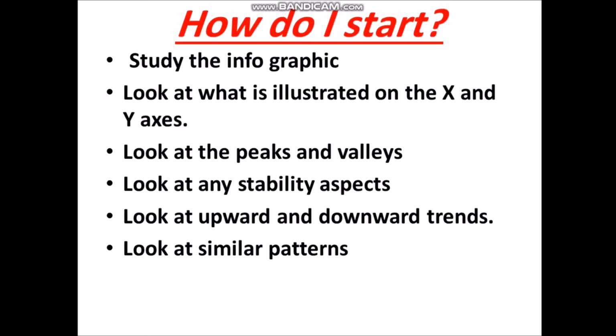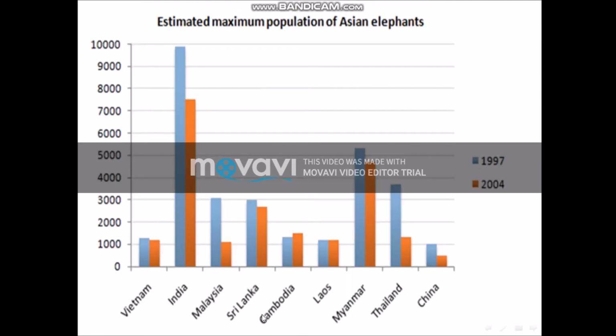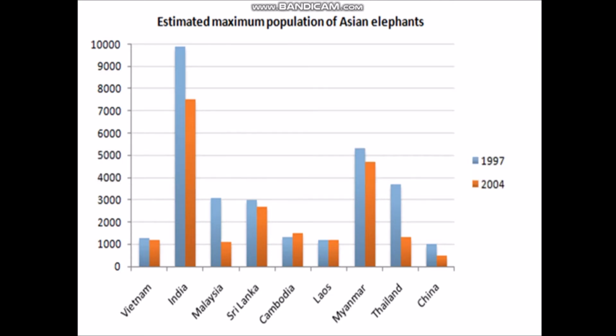I do have to look at similar patterns as well and clear differences. For example, I have Malaysia and Thailand. Malaysia and Thailand were the 2 countries that lost the highest numbers of elephants. This way, I group up or I lump up the countries that share the same features.